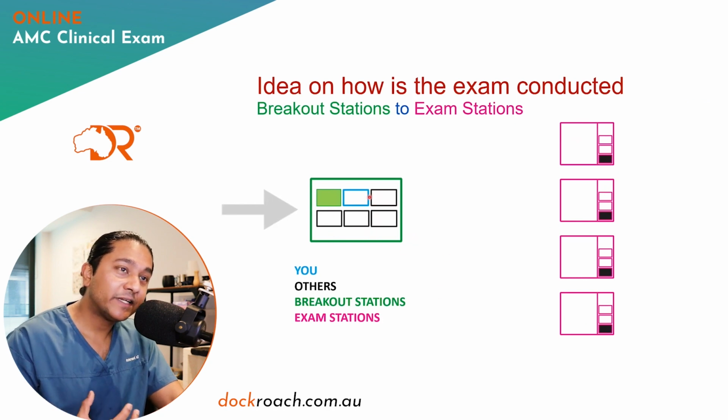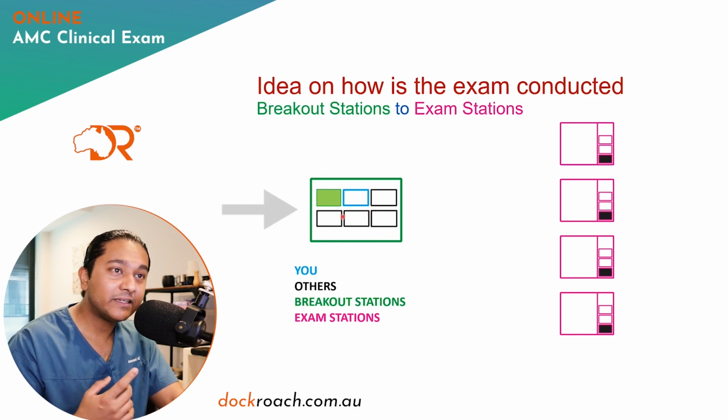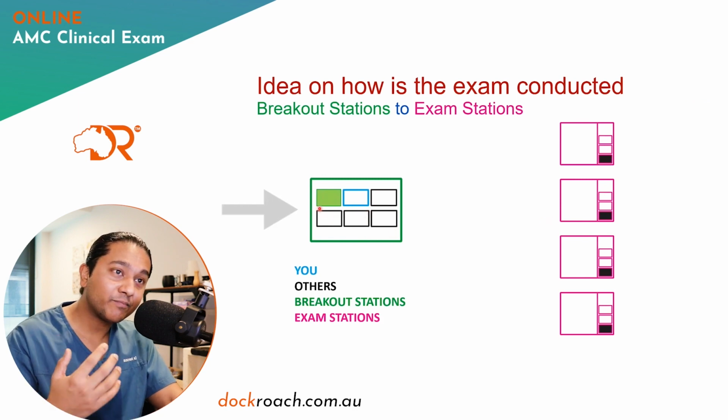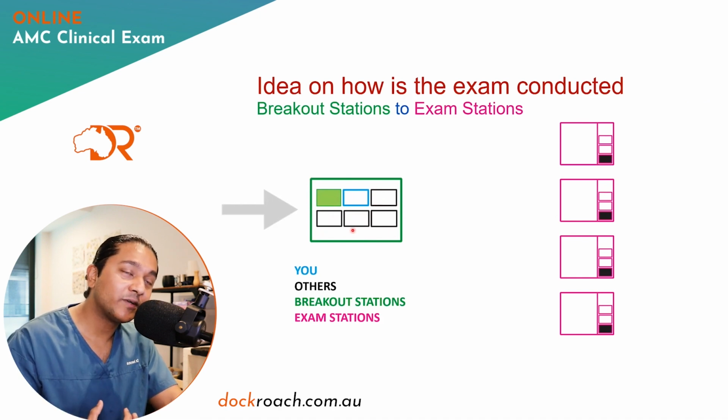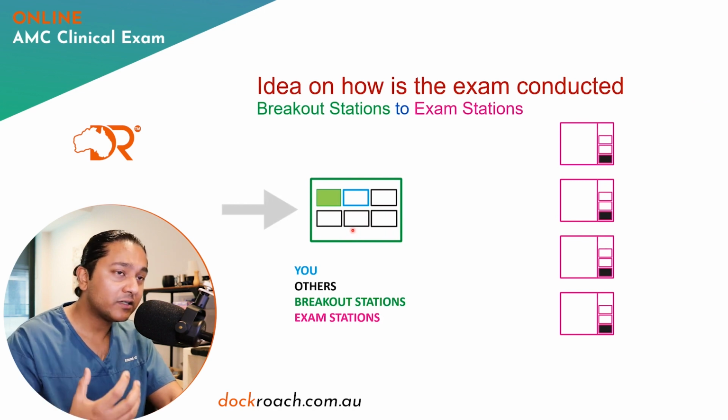By conventional mathematics, when 4 out of 5 people go, 1 will be remaining in the breakout station. So that person who remains in that green breakout station, that station will now be a rest station. I will talk in detail about the rest station in the next video.